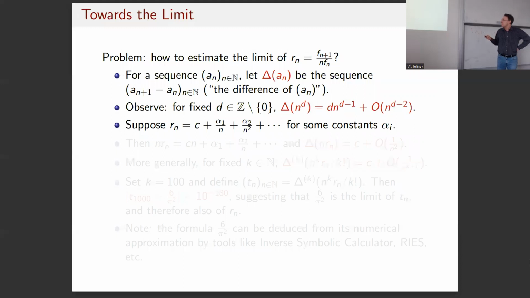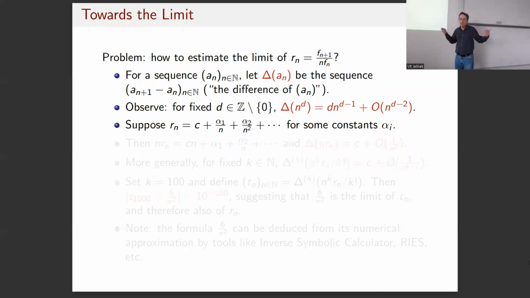And now to actually use this for my sequence Rn, which is what I'm interested in, I take a guess or a hope that maybe, if I'm lucky enough, the sequence that I'm interested in will behave as the constant, which is the limit I'm interested in, plus the error, and the error, if I'm lucky, might behave like some kind of Taylor expansion into powers of 1 over n.